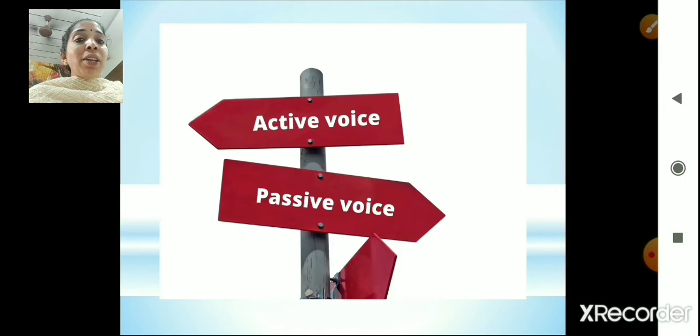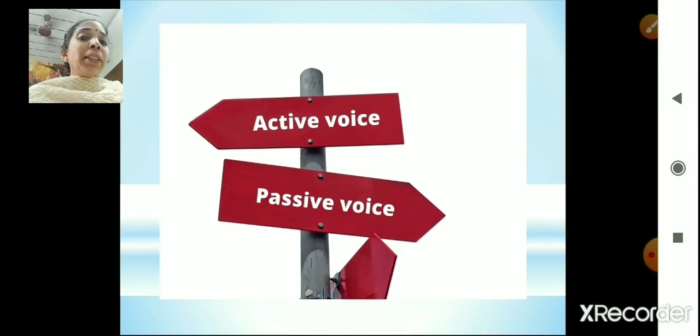So tell me, what is active voice? You remember? We learnt in the first lecture. Active voice. Yes. When the subject of a verb acts, the verb is said to be in the active voice. A sentence has a subject that acts upon its verb, so it is known as active voice.